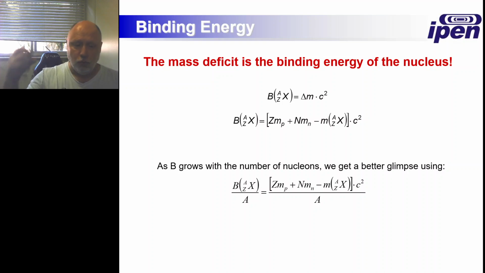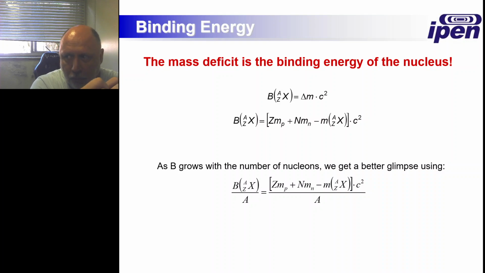So here I have 1 proton, I have 1 neutron, and I just glue them together. Some energy will be released. And we know that because we will need to give this energy back if we want to take this apart. This energy that was released is the mass deficit, right?